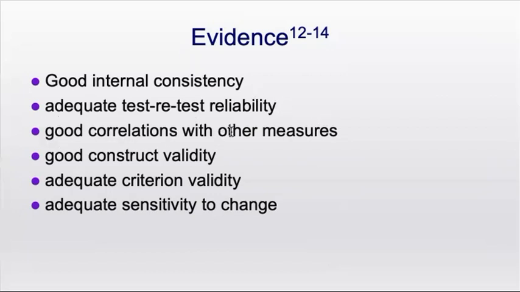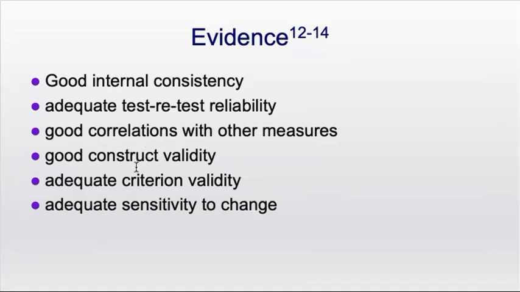It's got good correlations with other similar health outcome measures. It's got good construct validity, meaning that the test has been validated to measure what it's supposed to. So, does it really measure what it claims to? Yes, we can say that it does. It also has adequate criterion validity, which means how does it measure up to the gold standard or the best known tests that look at this type of characteristic.